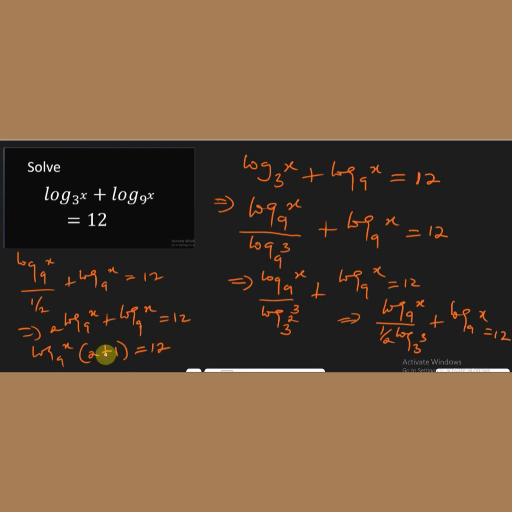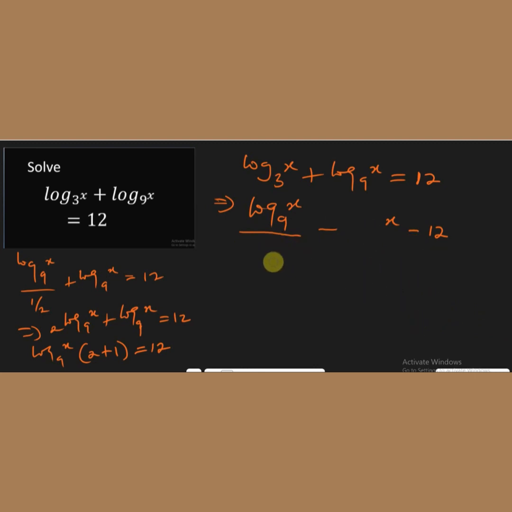Okay. So this is going to give me, I just clean up. This is going to give me log 9 raised to the power of x times 3, because 2 plus 1 is 3. So I'm going to write log 9 raised to the power of x multiplied by 3 is equal to 12.